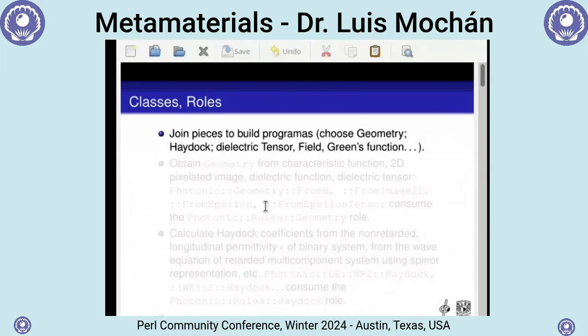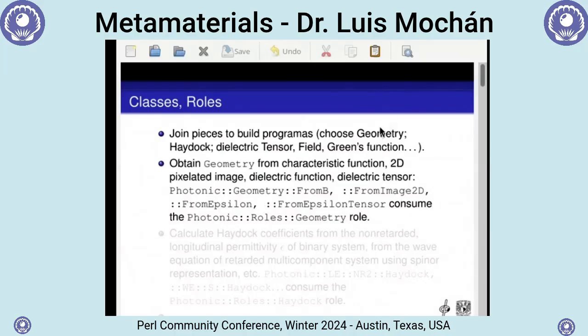The system was built using the object-oriented system. The idea is to join pieces to make different programs. The pieces would be the geometry, the Haydock calculators, the dielectric tensors, or the field calculator, or the Green's functions calculator.